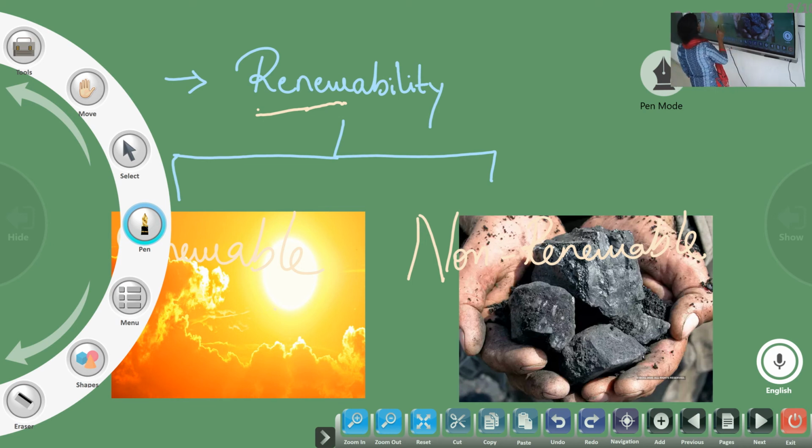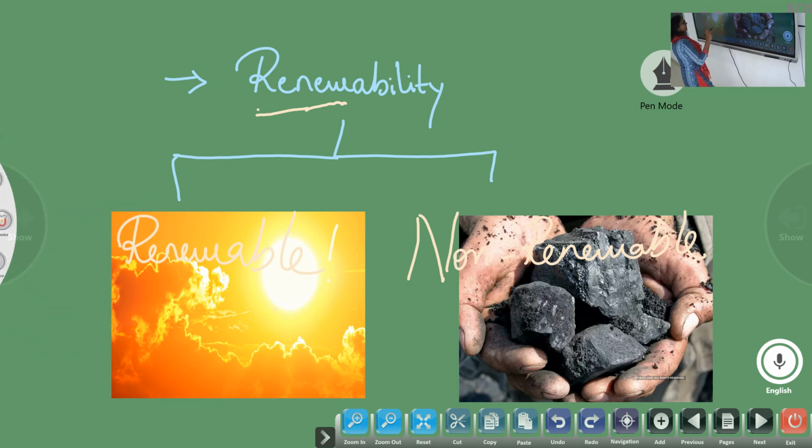So, for a renewable resource, I told you everything can be renewed. What is this? This is a sun. Every day morning, sun comes back. No matter what happens, the sun comes back. And the sunlight that we get from the sun is our resource. So, sunlight is a renewable resource.